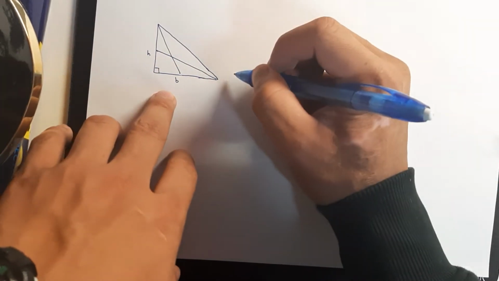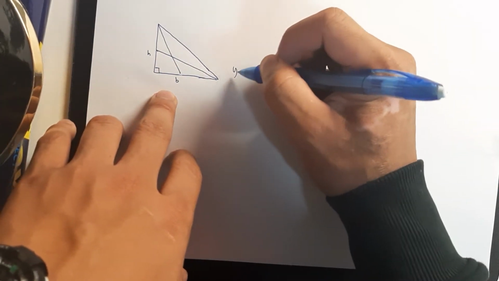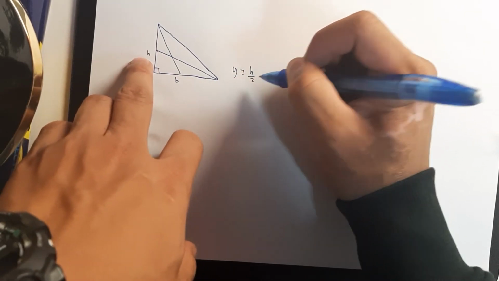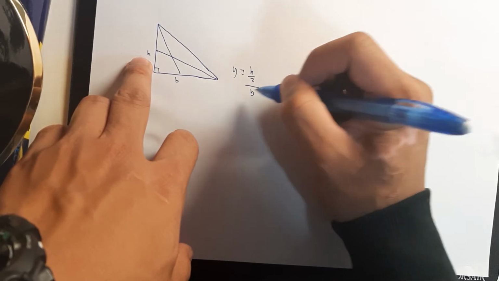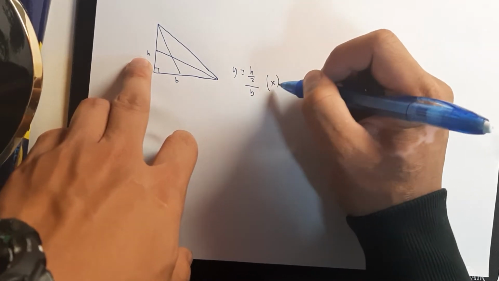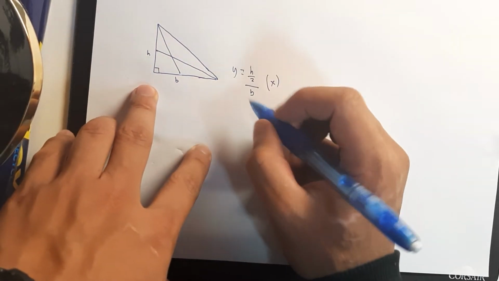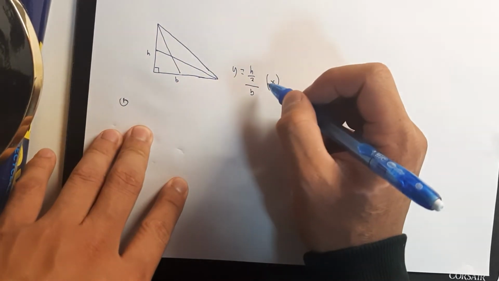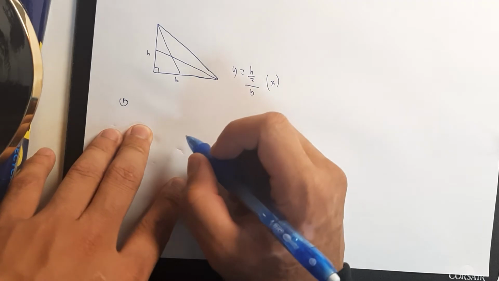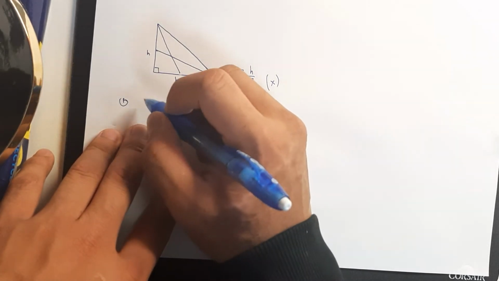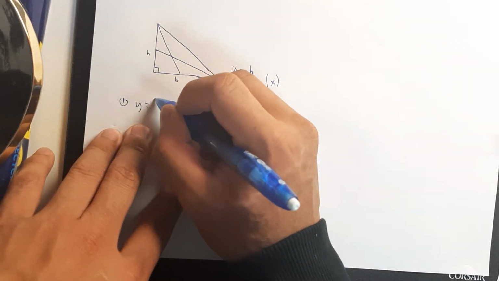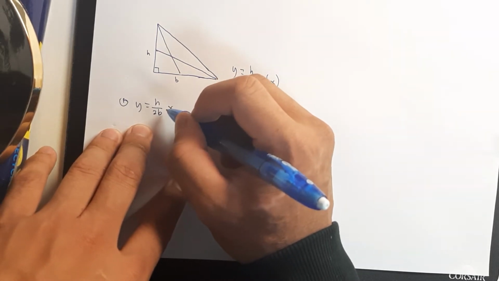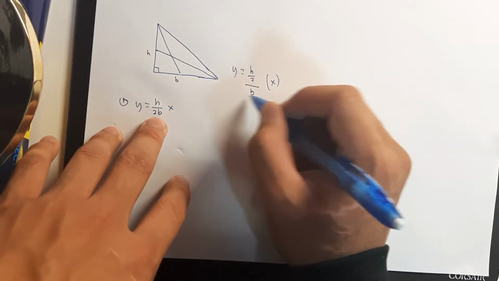So the first line is y equals h over 2 times x. So that's the first line. Move it around a little bit, then you will have y equals h over 2b, which is the same as that one.